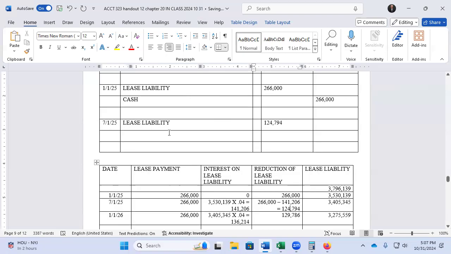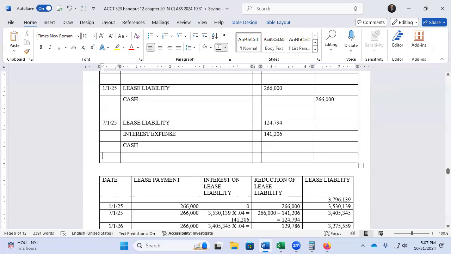That should be 4. And then you have interest expense, and that's the 141,206. And then our total payment cash, 266,000.